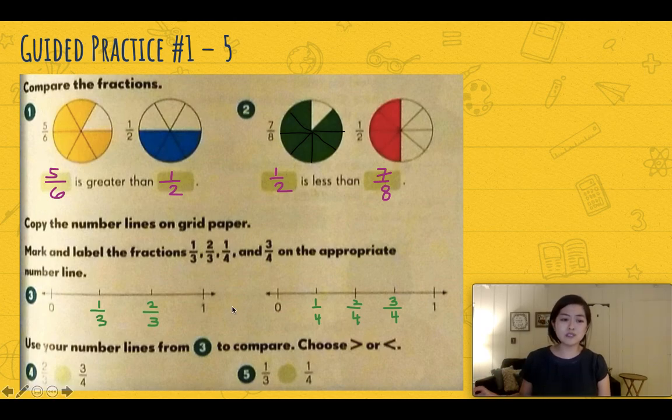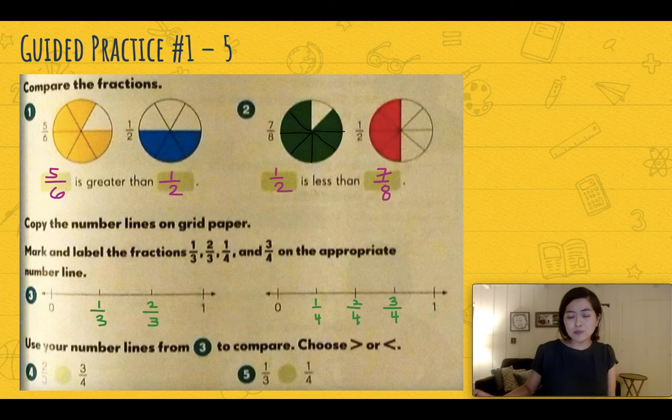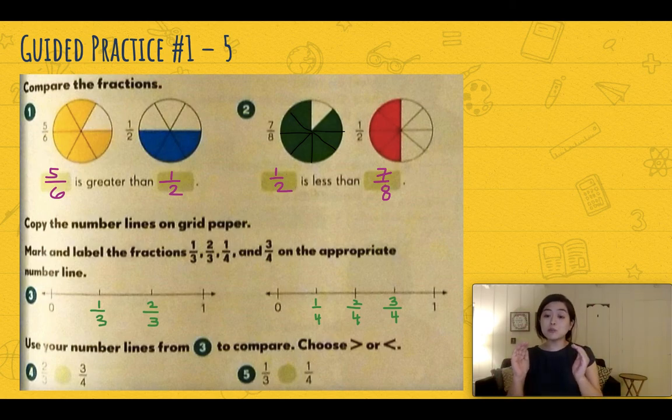Now we want to use our number lines from number 3 to compare these fractions here. But the thing is, you guys, they're not stacked one on top of one another. So what can we do? When two or more number lines are not on top of one another and they have the same whole, what can we do?